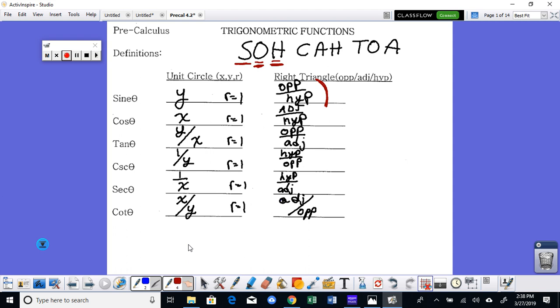I know that cosine is adjacent over hypotenuse, this guy. And I know that tangent is opposite over adjacent, here. That's what SOHCAHTOA is. It just gives us a set of acronyms that allows us to easily remember what the trig functions actually are coming off of a triangle. Good question. Good question. Okay?